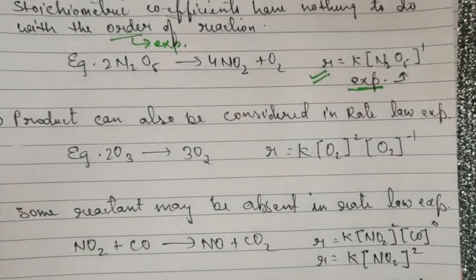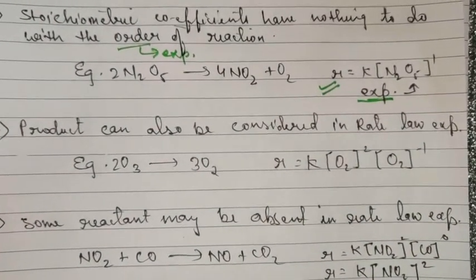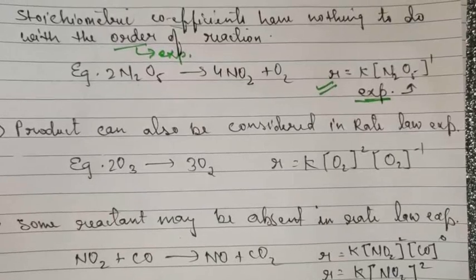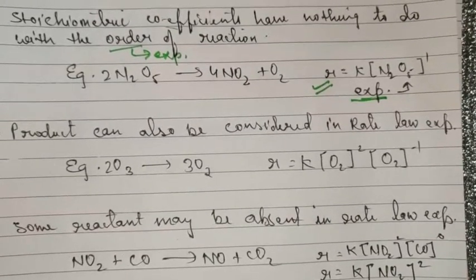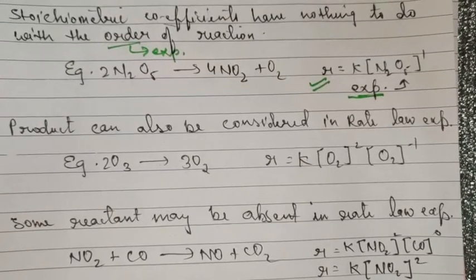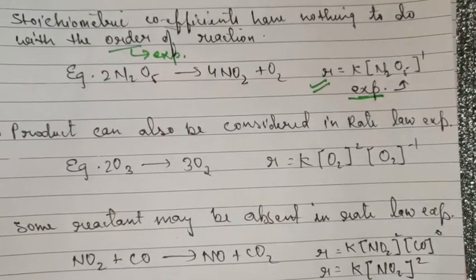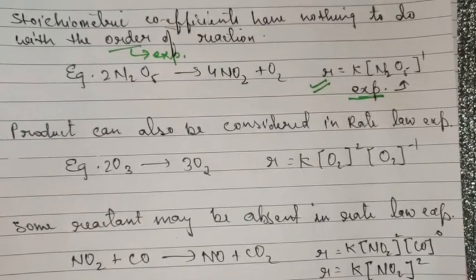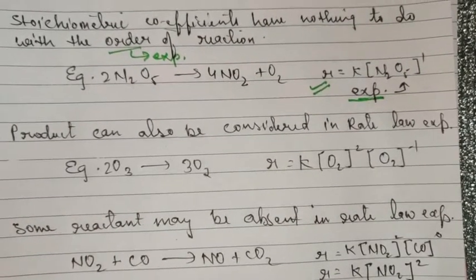Children, this point I have mentioned here, but you will not get expressions in which order will be utilized up to your class 12 or board level. This type of question you might get in your competitive exams, but in your board level you will only be dealing with the reactants in the rate law expression.